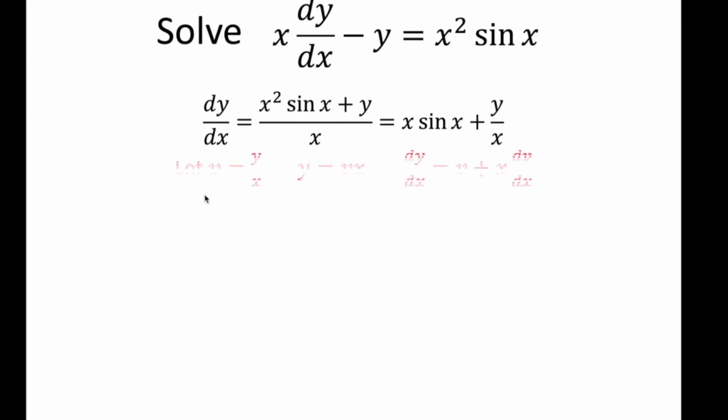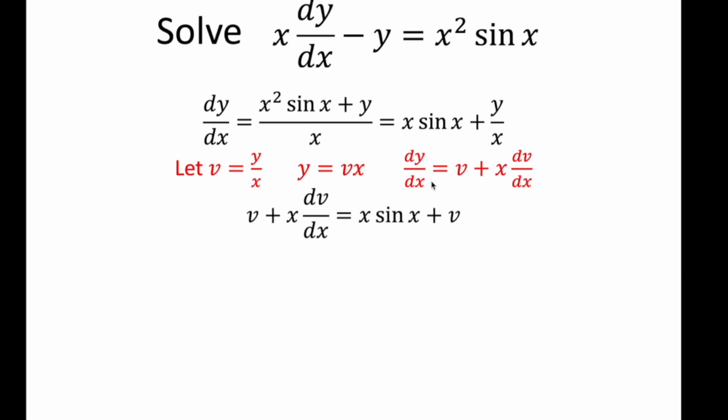We have to use again the substitution v is equal to y over x, and then differentiate y is equal to vx using the product rule, implicit differentiation. dy/dx now is equal to v plus x dv/dx.